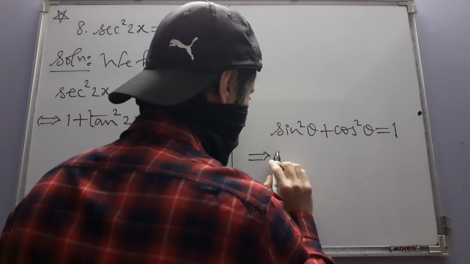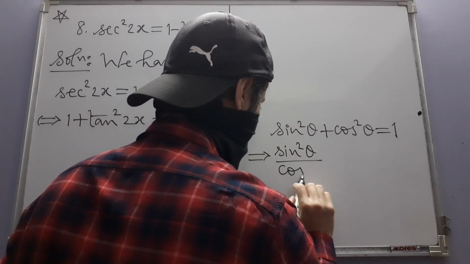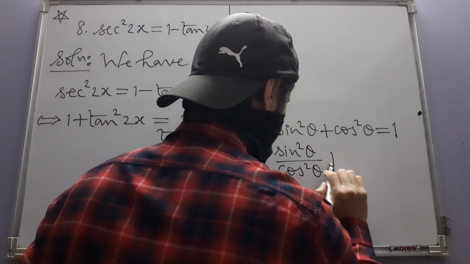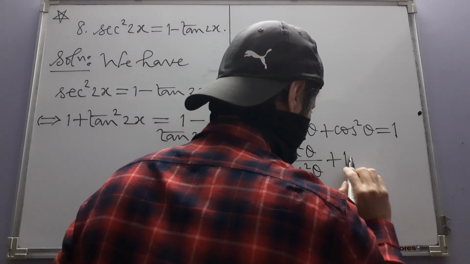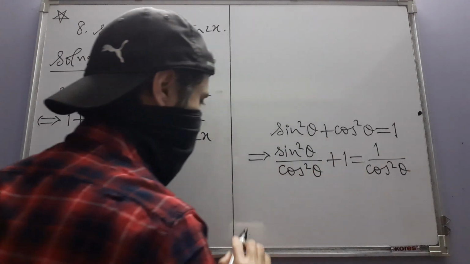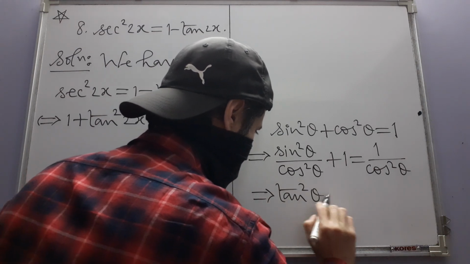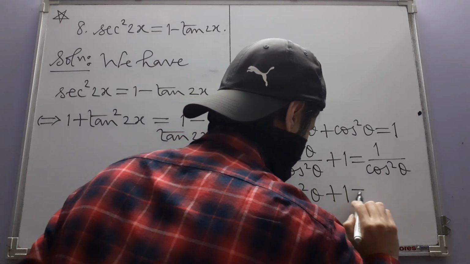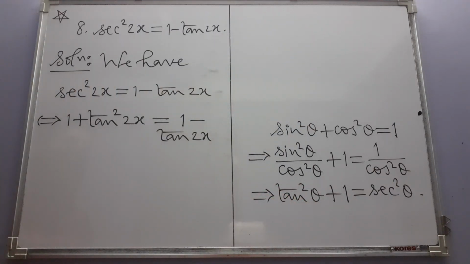If you divide this by cos square, then you get this. Dividing this by cos square, you get 1 and this. So that way you get tan squared theta plus 1 equal to secant squared theta. So in place of secant squared 2x, we have written 1 plus tan squared 2x.